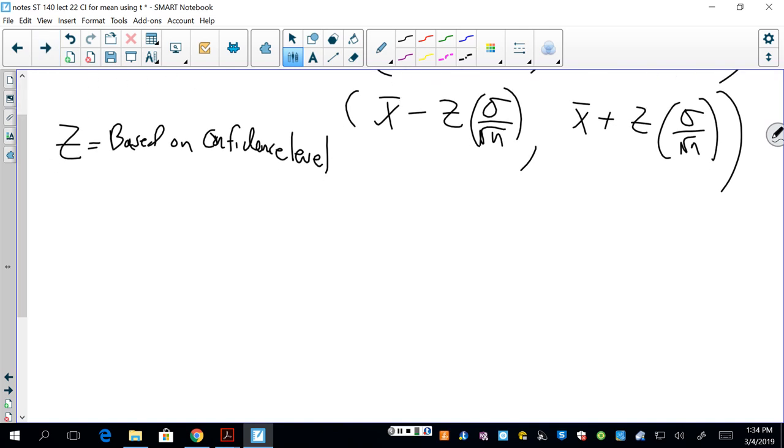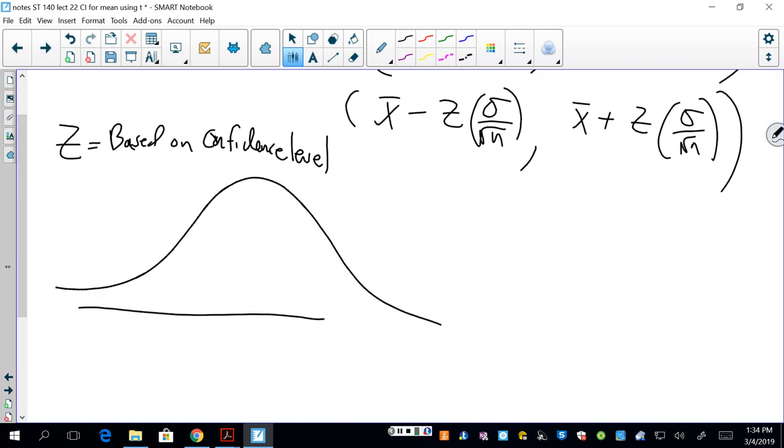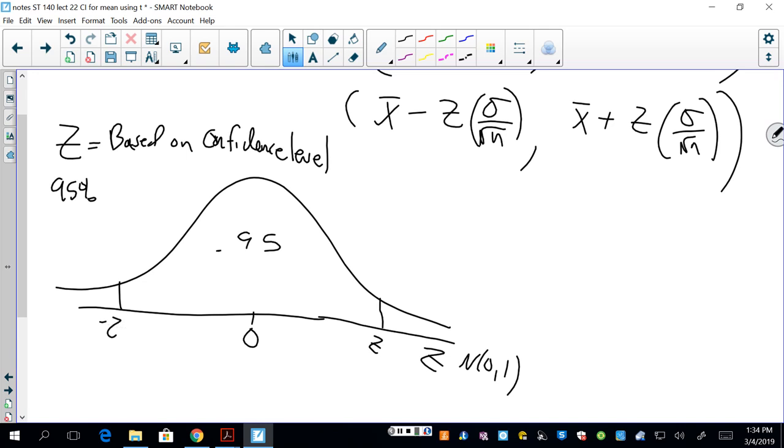So for instance, if we have this picture of a standard normal bell-shaped curve centered at 0, and we want 95% confidence, we find the z-value that gives 95% of our results, about 95% of the standardized values. That would be here, z and negative z, under that table.